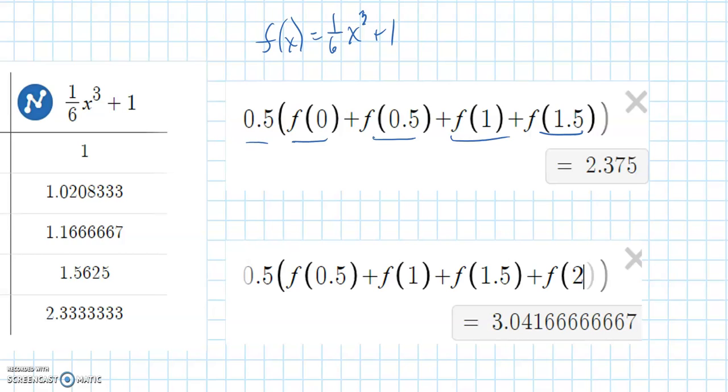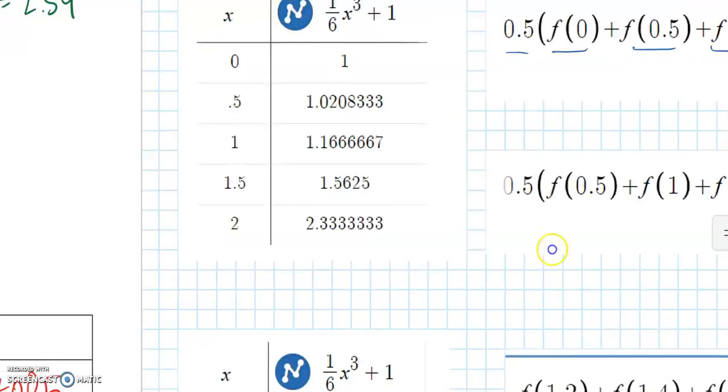That's about 2.375. That would be the lower area estimate. Then I did the same thing. I copied and pasted that in there, but added the far right rectangle and took out the first one. I had Desmos do that work for me, then summed up all the areas, multiplied by the height, and I ended up with 3.0416.